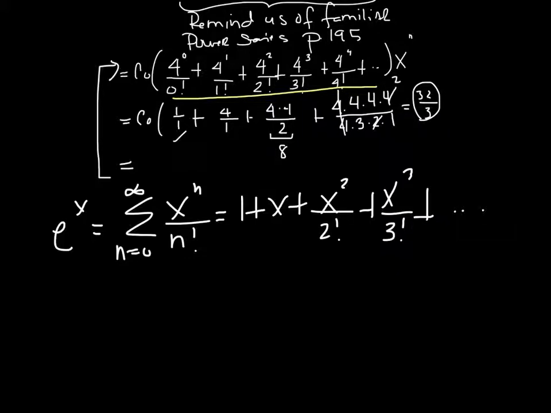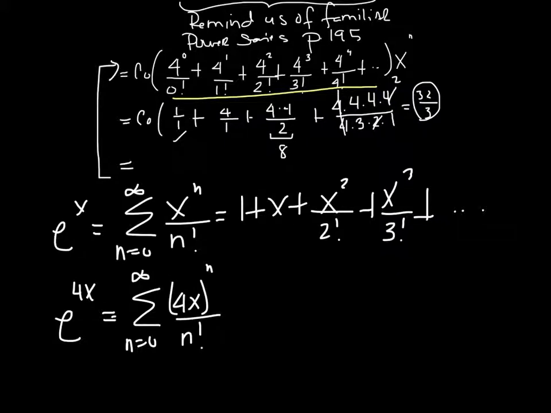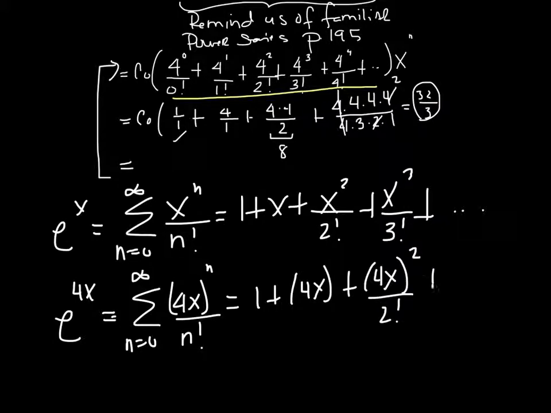I have some 4's in here, so it looks like this might be e to the 4x. So instead of x, I can rewrite this as the sum from n equals 0 to infinity of 4x to the n over n factorial, or 1 plus 4x plus 4x squared over 2 factorial plus 4x cubed over 3 factorial, and so forth. Instead of my x's, I have 4x.